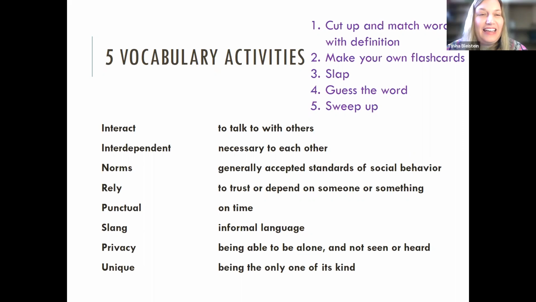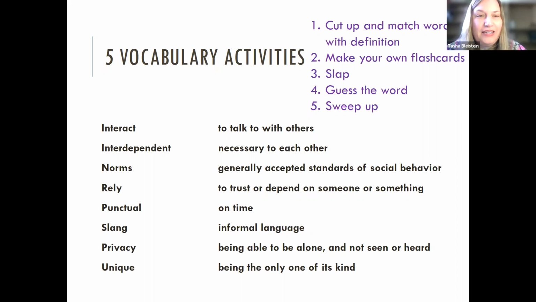Then we could play a game of slap, where I say the word and they have to slap it. Then they could play a partner game or do a partner activity. Games sound like they're not learning, but actually this is what we're doing, right? We're pushing them to learn, to retrieve the word and the definition and to explain it. So guess the word would be, I have to describe what that word is, and then the partner would guess what word I'm describing.